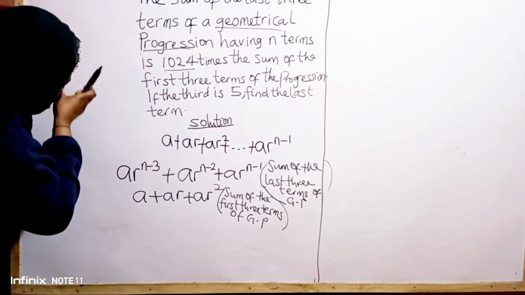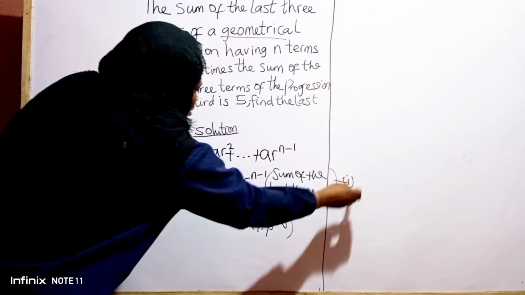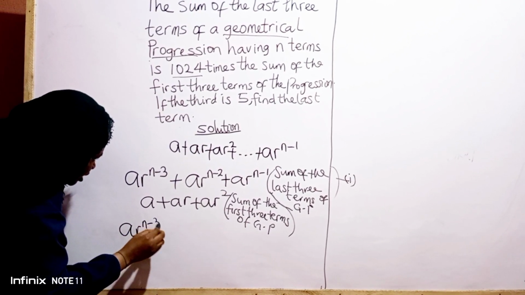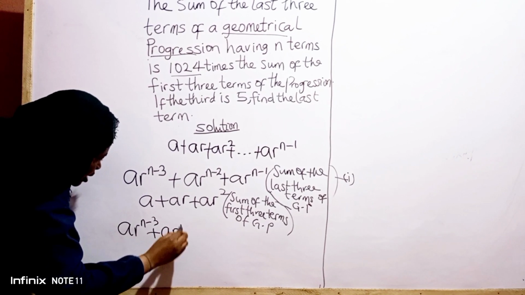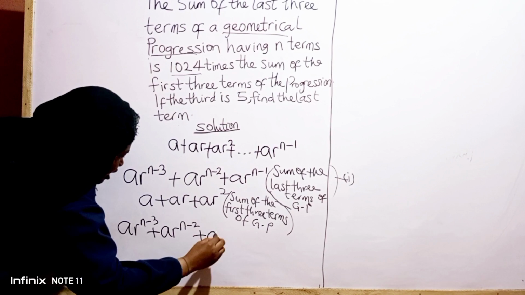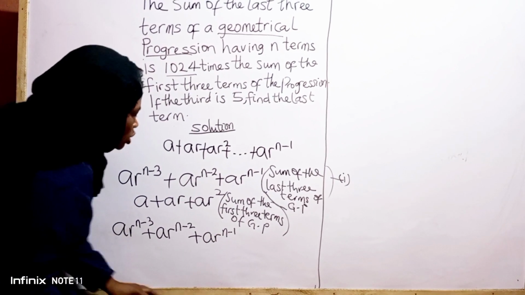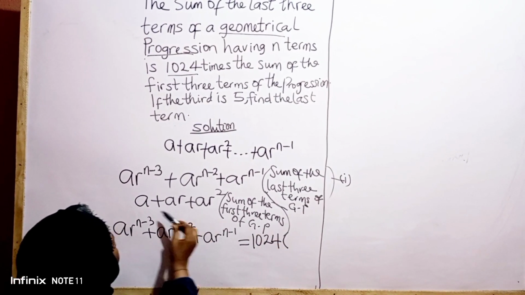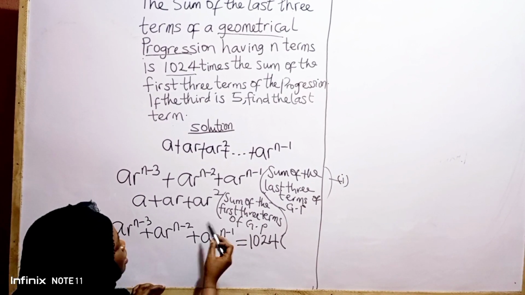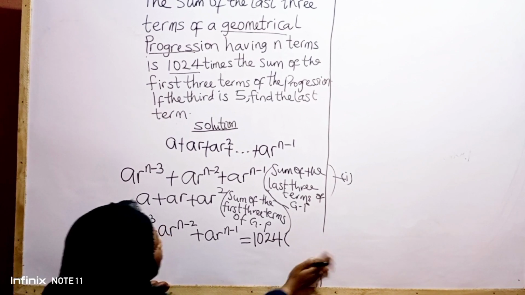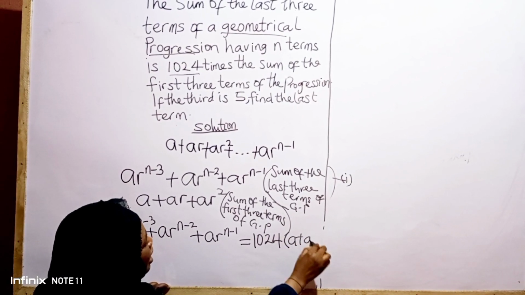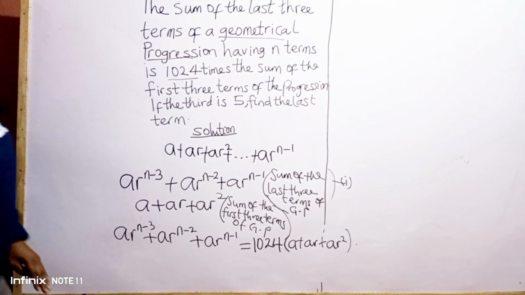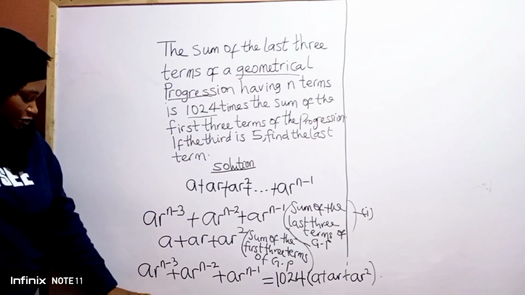So equation 1 is a r to the n minus 3 plus a multiplied by r to the n minus 2 plus a multiplied by r to the n minus 1 is equal to 1024 multiplied by the sum of the first three terms, which is a plus ar plus ar squared.